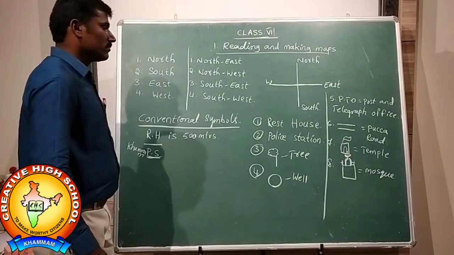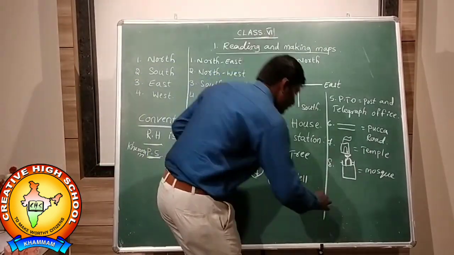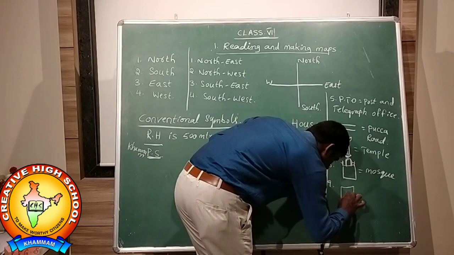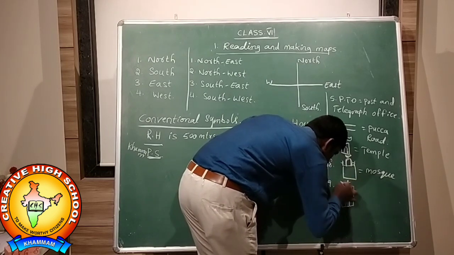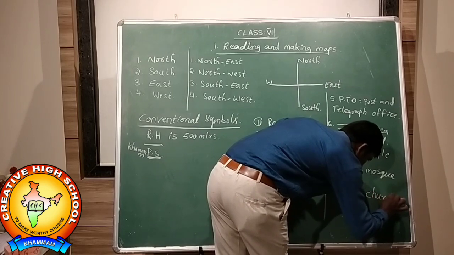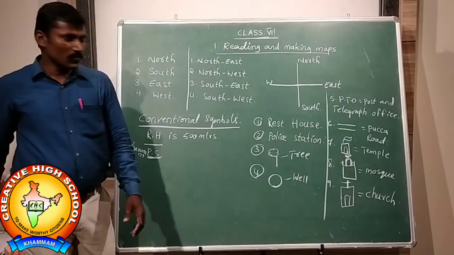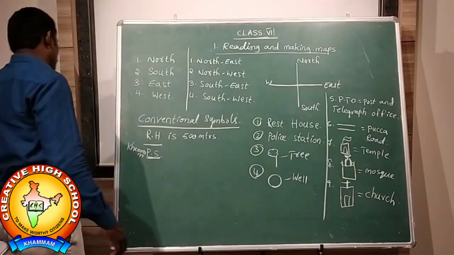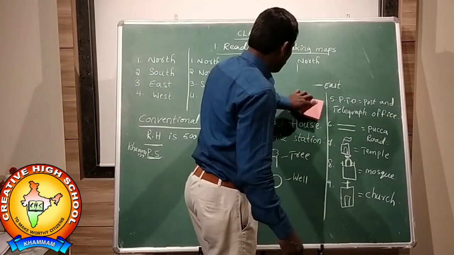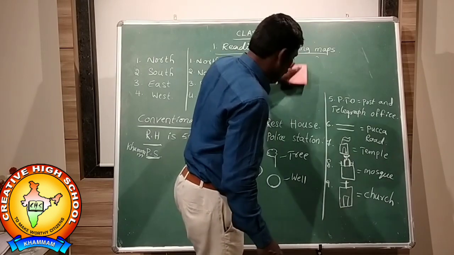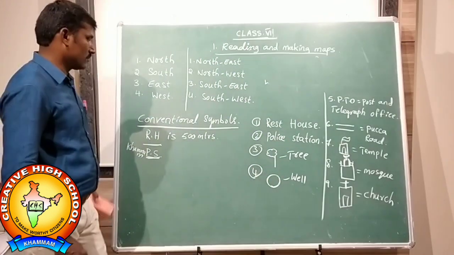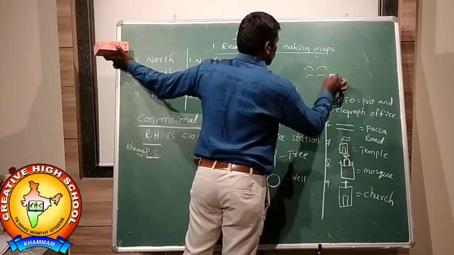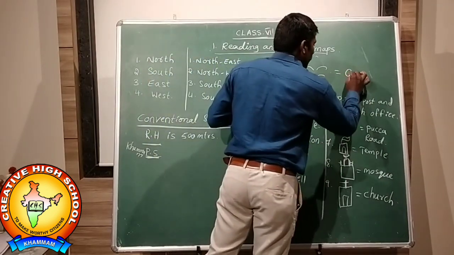Mosque or masjid. Church. These all are conventional symbols. Next, another one.